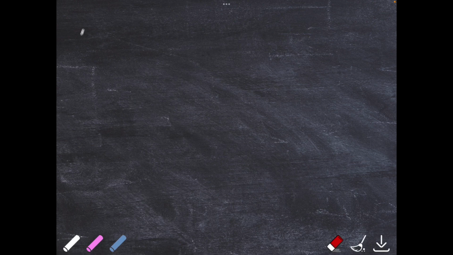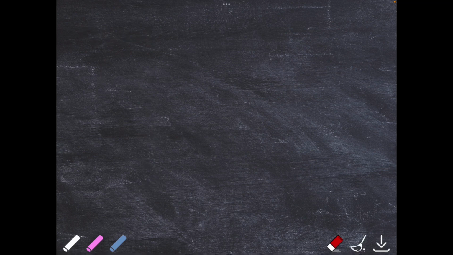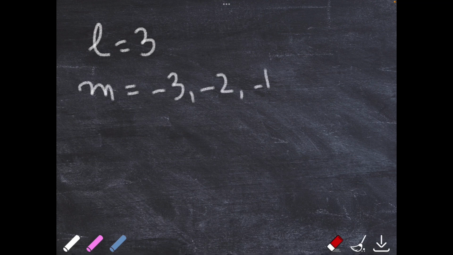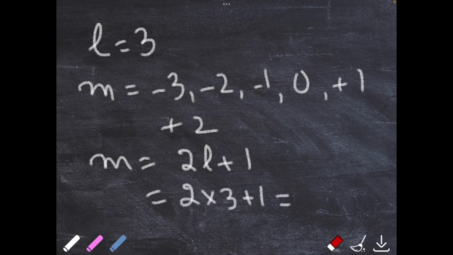Next, if n is equal to 4, L will be equal to 0, 1, 2 and 3. We've already checked out 0, 1 and 2. Let's see if L is equal to 3. If L is equal to 3, m will be -3, -2, -1, 0, +1, +2 and +3. How many values will there be? Twice L plus 1, that is 2 into 3 plus 1, that is 7 values.